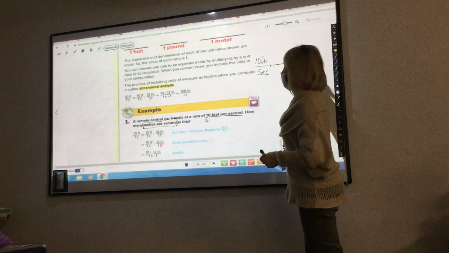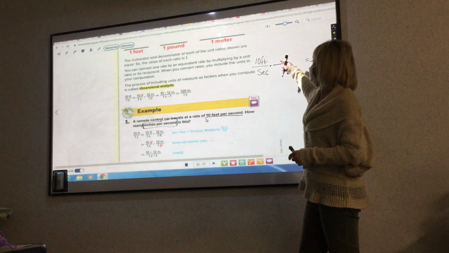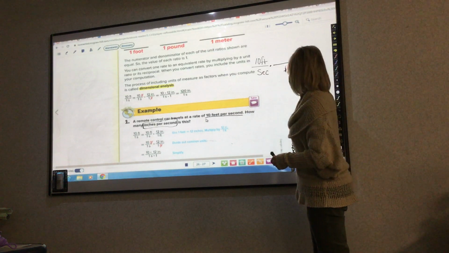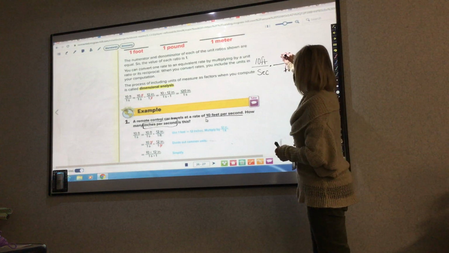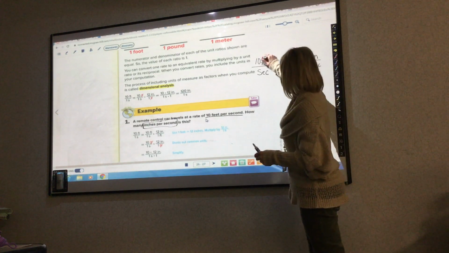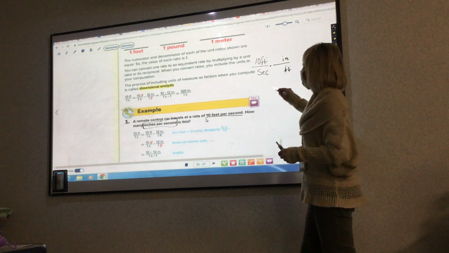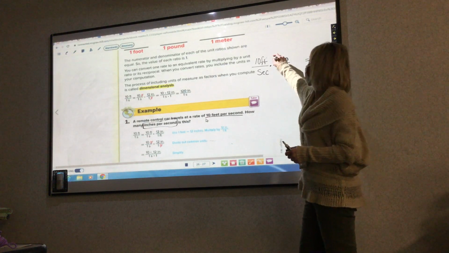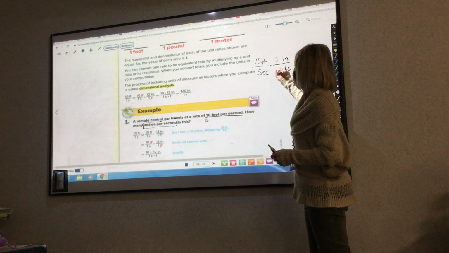So now if I want to change my feet to inches, should feet be on top or the bottom? Bottom, because that's when I can cancel out those labels. That's how you know what goes on top and what goes on the bottom. Now I fill in my numbers. How many inches are in a foot? 12. So 12 inches in 1 foot.